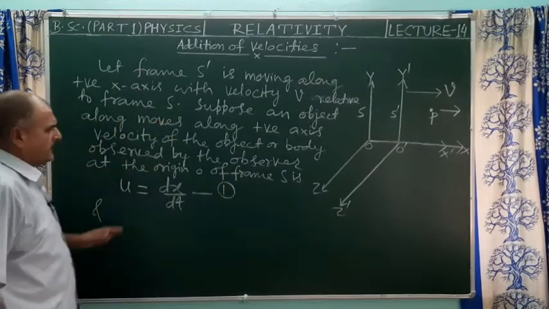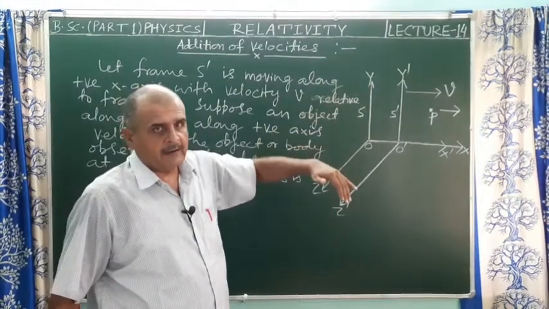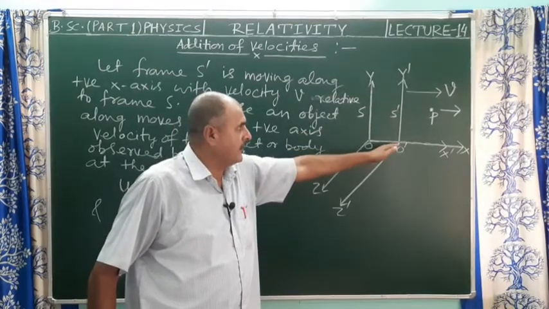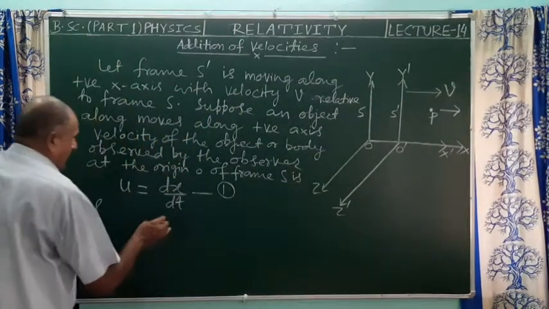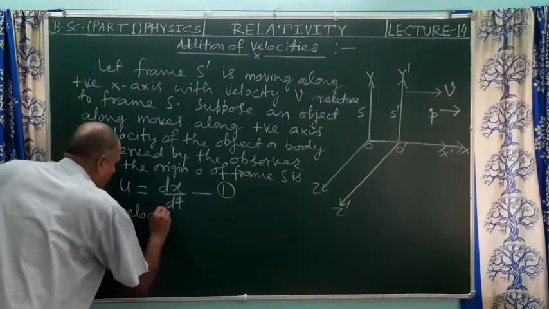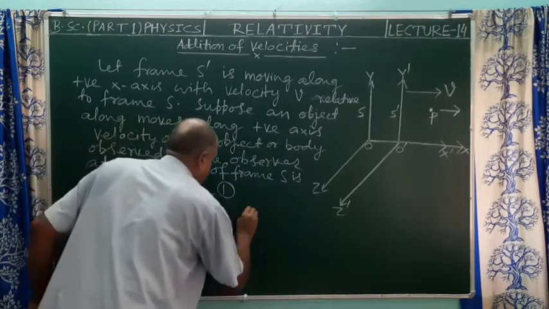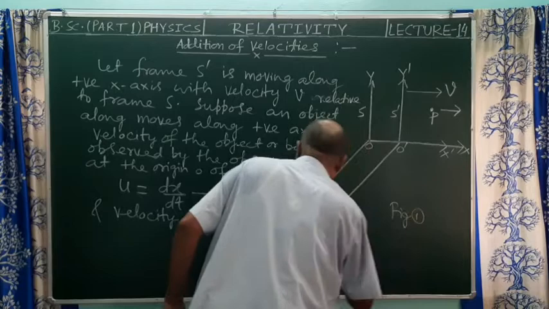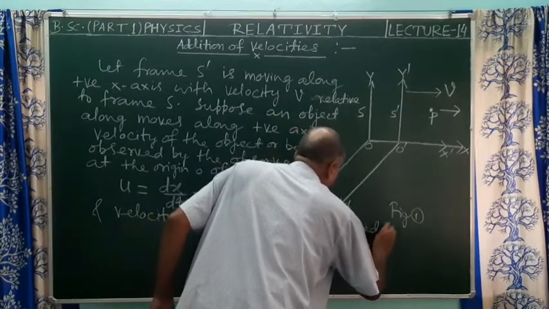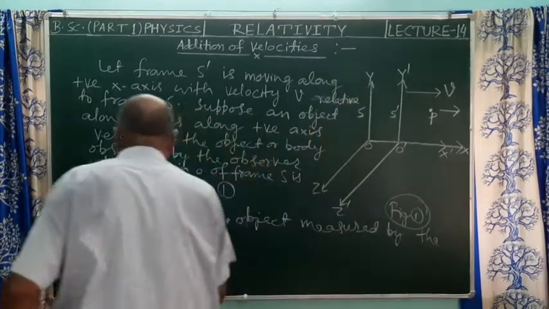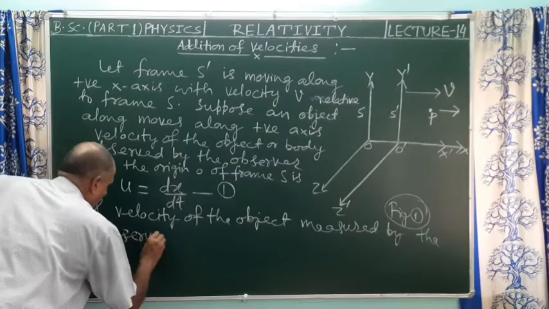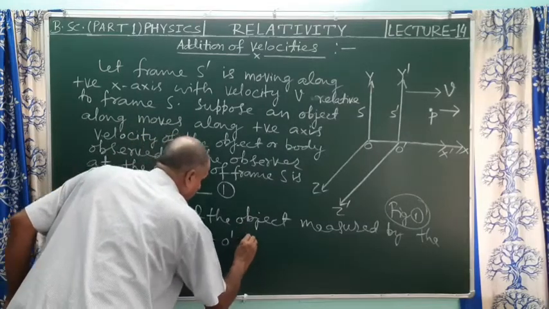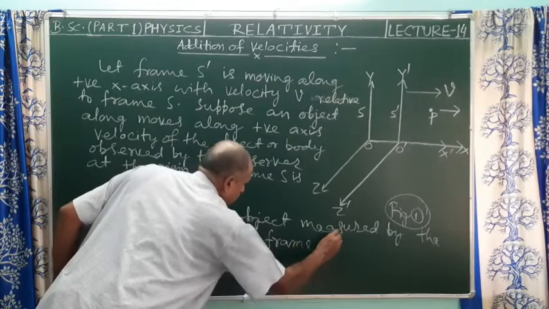And the velocity of the same object observed by the other observer in frame S dash, that is the observer at the origin O dash of the second frame S dash, is measured by the observer situated at O dash.